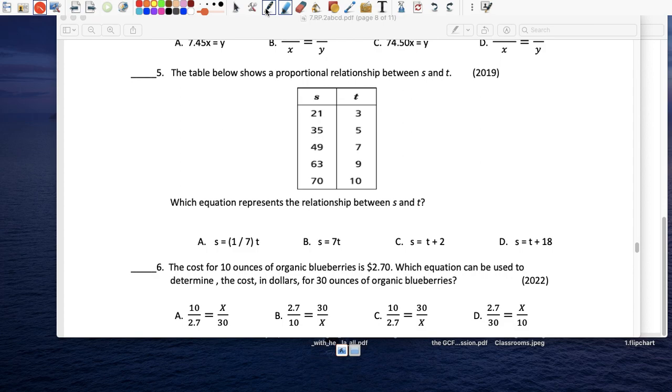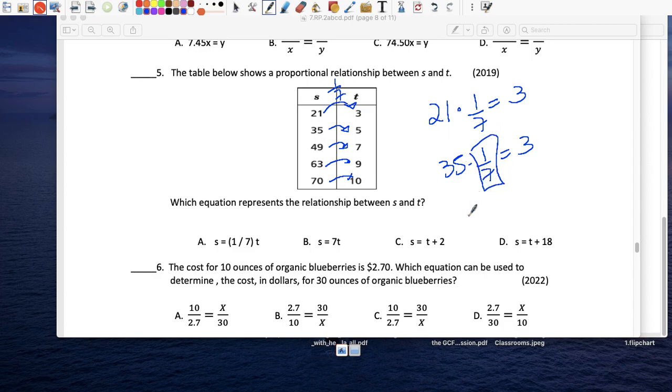There's a relationship, it's proportional. So again, how does X become T? Right, look for that number. How does that become T? Well, it's not multiplied by 7, but rather multiplied by 1 over 7. So if you take 21 and multiply it by 1 over 7, do you get 3? Yes, you do. If you take 35 and multiply it by 1 over 7, you get 5? Yes, you do. So it's 1 over 7.